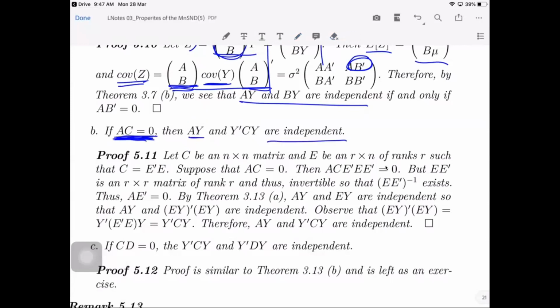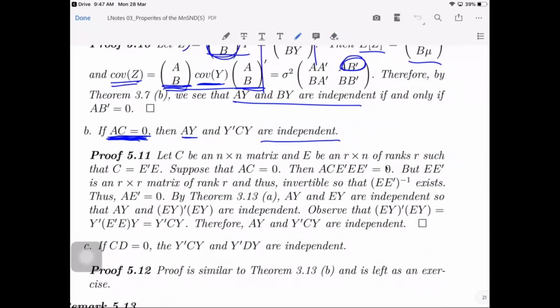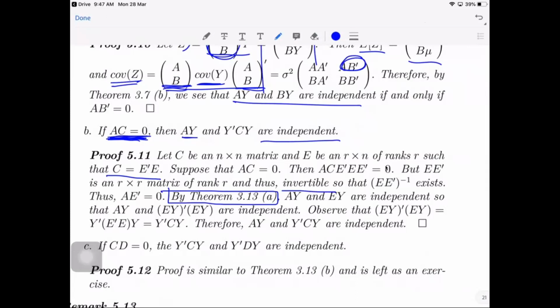So in the proof, you will use some properties of a matrix, say C, E prime E, and then do manipulation. So you still use theorem 3.13, and you use the properties of being invertible of this matrix.